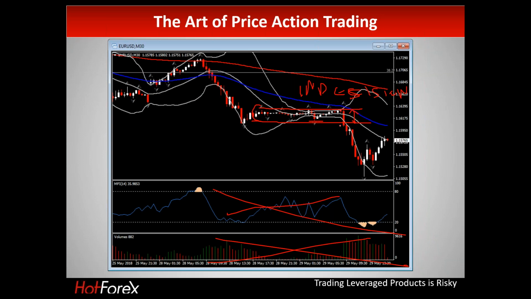So let's say that was my entry point. My target should have been here, my first target 1. If I wanted more than one target, I will measure the same distance again, and here is my target 2.